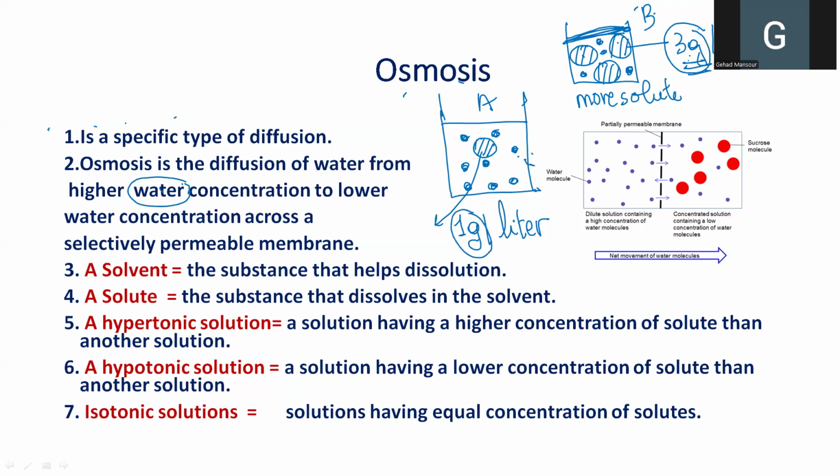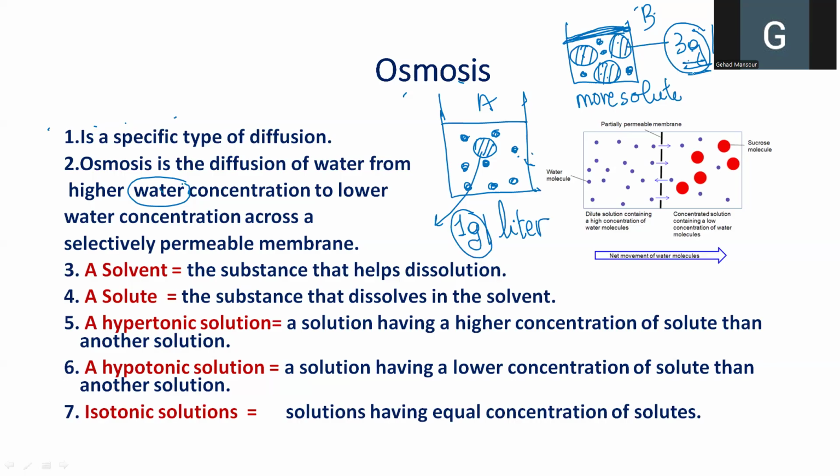So it is a more concentrated solution, but it might have a lower number of water molecules, and therefore solute concentration differs from water concentration. When you say concentration, you're talking about solute concentration. But if you want to talk about the concentration of water molecules, then you say water concentration.